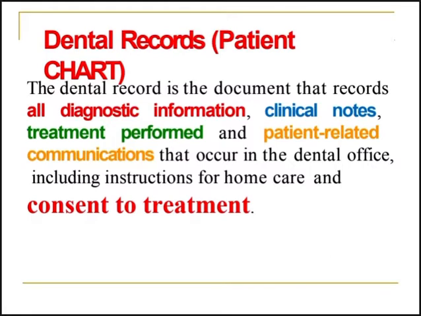But when we are talking about the pediatric patients, here the patient is young, isn't it? So he or she cannot give his or her consent, so we take the consent from the parents or the guardian who is accompanying the patient, isn't it? So the consent should be informed consent. What do you mean by informed consent?